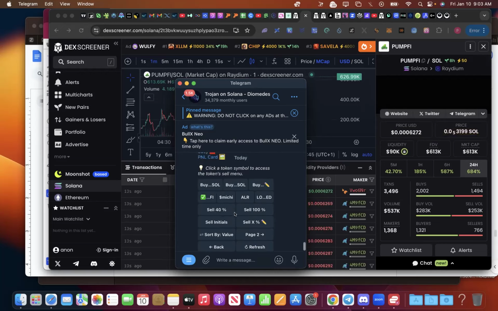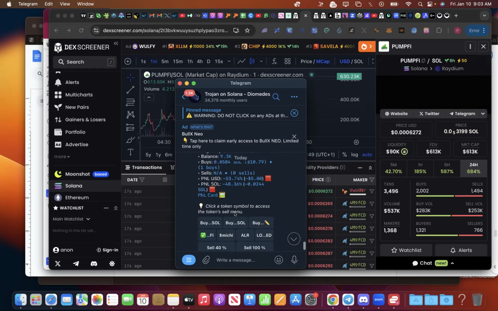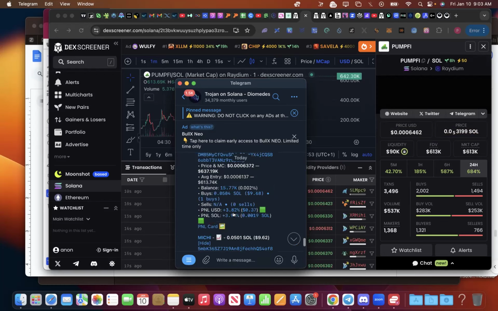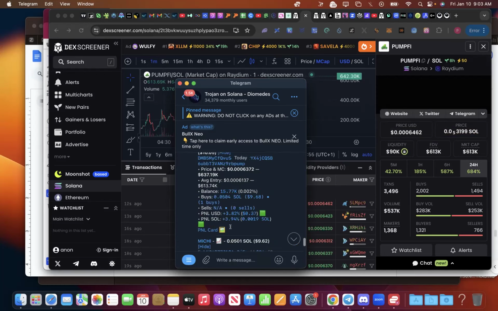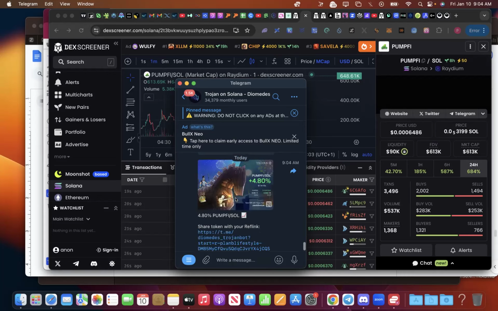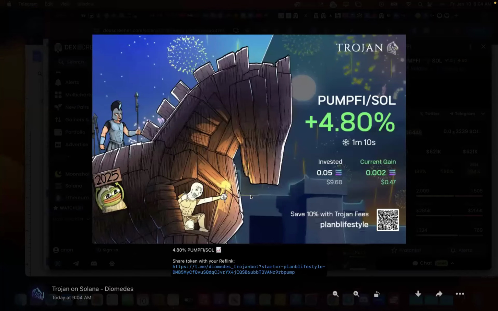As I click on position, I want to see the coin we just bought. The coin we just bought, we probably were in profit. What is the name of the coin? Pump fee. So pump fee, if I click now, we are in about 3% profit, okay? About 4%. Look at it, we're about 4% profit.